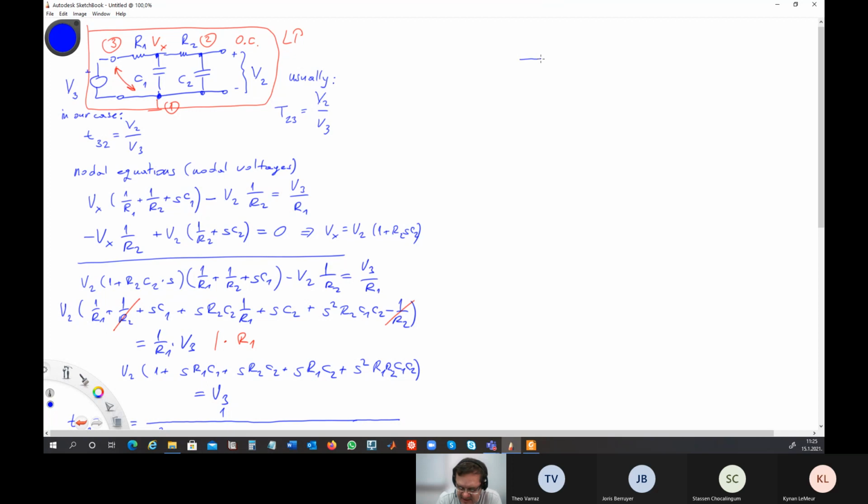Let's say it looks like this. Here is now C1, and R1 is going down, and here we have R2, and then we have C2. V2, R1, C2.